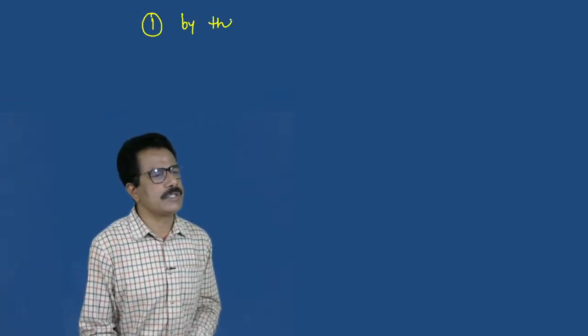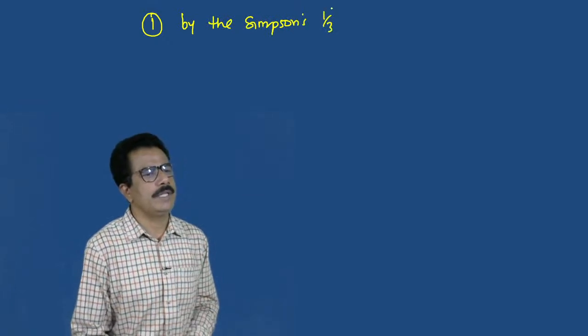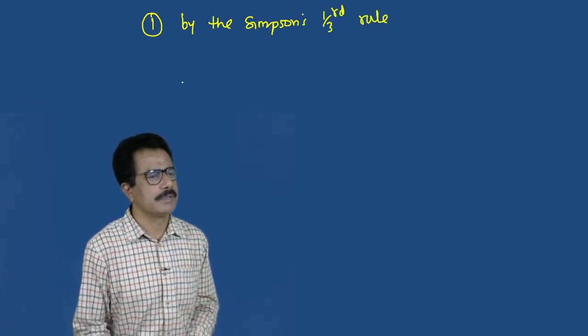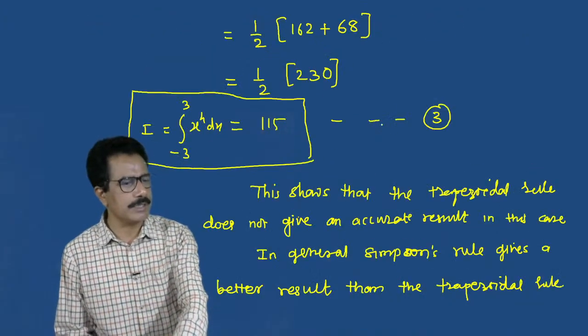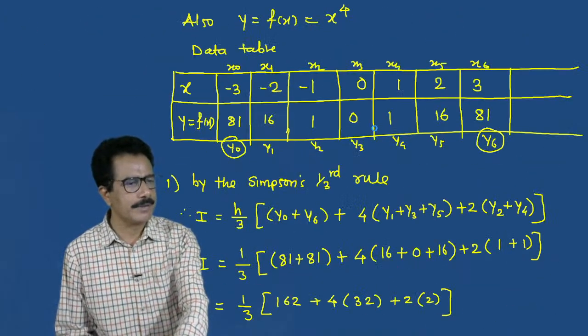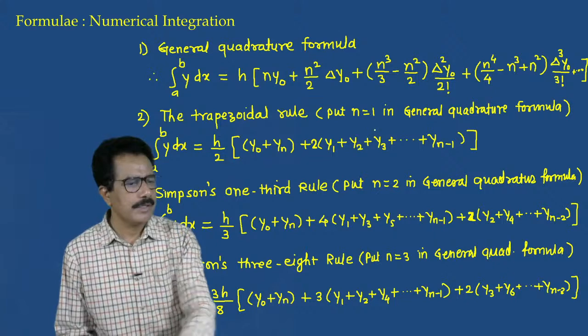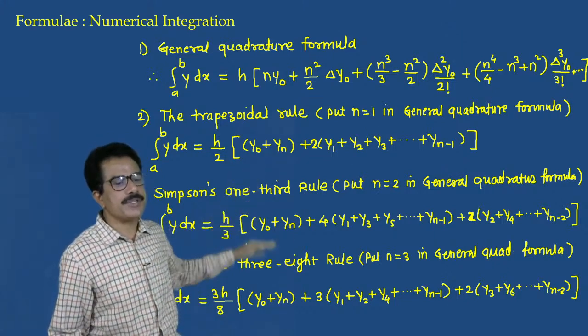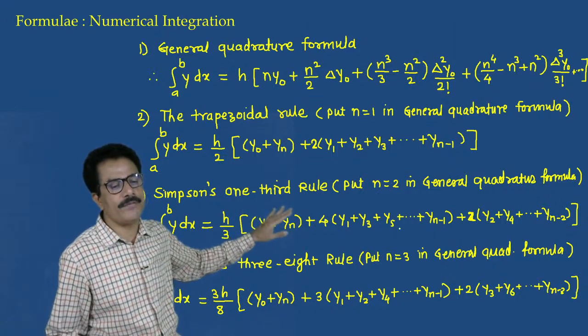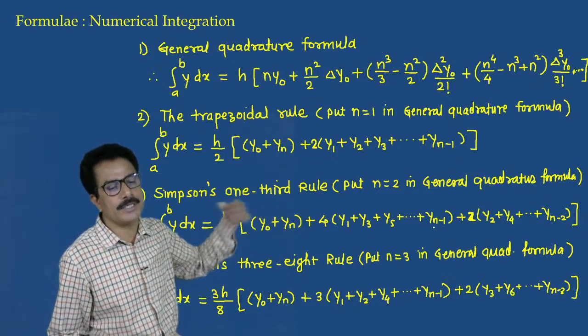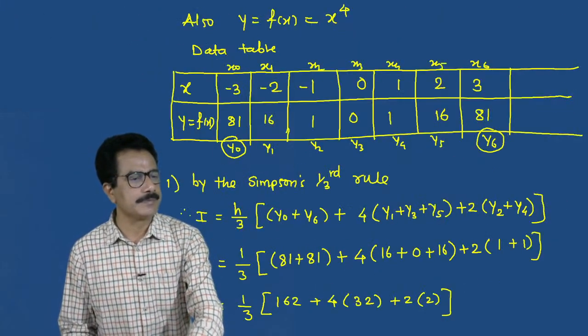First by the Simpsons 1/3 rule. What is that formula? I is equals to h by 3. You have to take h by 3, first and last term in non-multiple, 4 times of odd terms, 2 times of even terms.